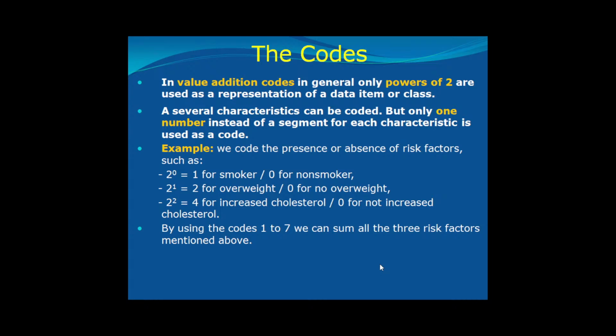Example, we code the presence or absence of risk factors such as 2 power 0 equals 1 for smoker and 0 for non-smoker. 2 power 1 equals 2 for overweight and 0 for no overweight patients. 2 power 2 equals 4 for increased cholesterol and 0 for not increased cholesterol. By using the codes 1 to 7, we can sum all the 3 risk factors mentioned above.